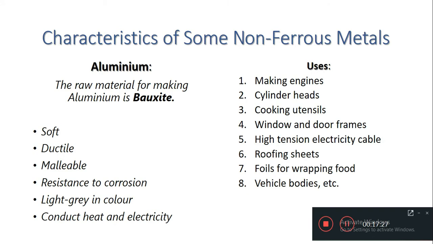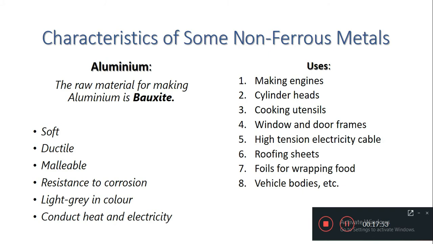Uses of aluminium. Aluminium is mostly used for making engines. Some of these engines include car engines, engines in ships, and other machineries. It is also used in making cylinder heads, and cooking utensils, which we normally use in our homes, the aluminium cooking utensils, the ones our mothers call silver.